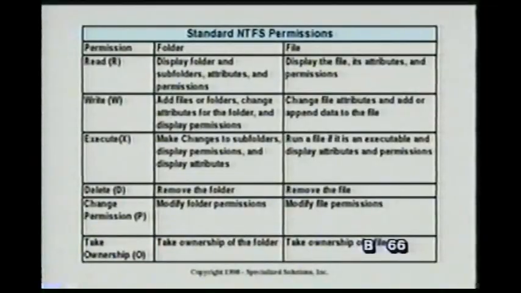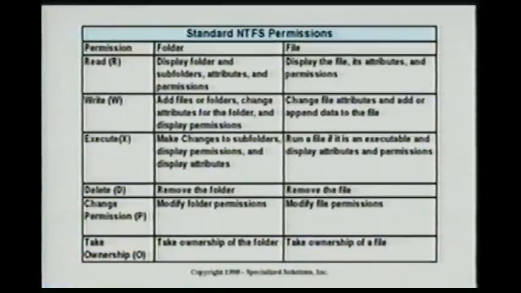In assigning NTFS permissions, it's usually a good idea to assign full control to the administrator group. This table shows the standard NTFS permissions and the folder and file level permissions that are applicable to each one. For instance, with the read permission, you're able to display a folder and subfolders, their attributes, and their permissions.